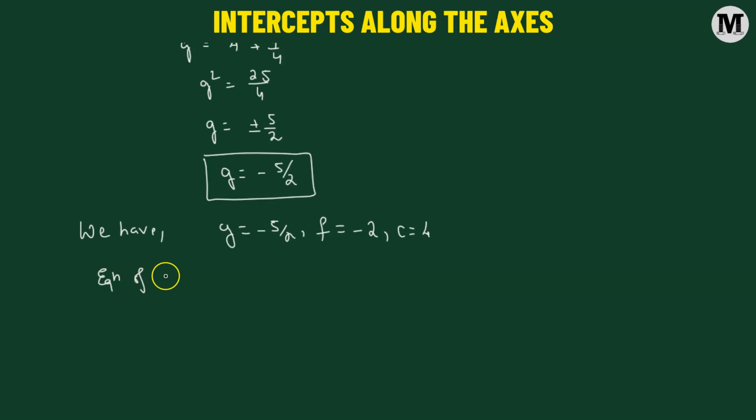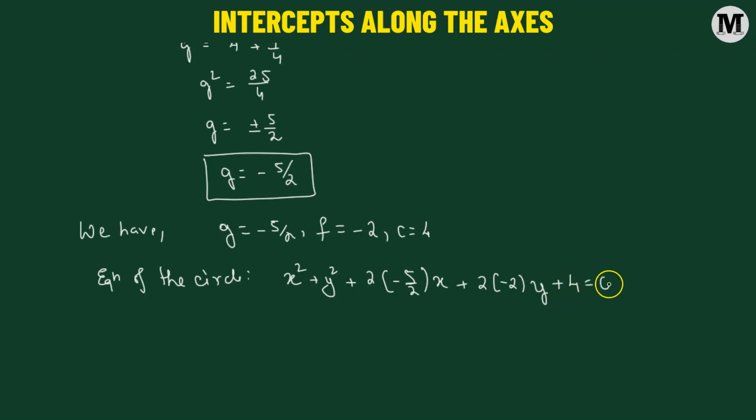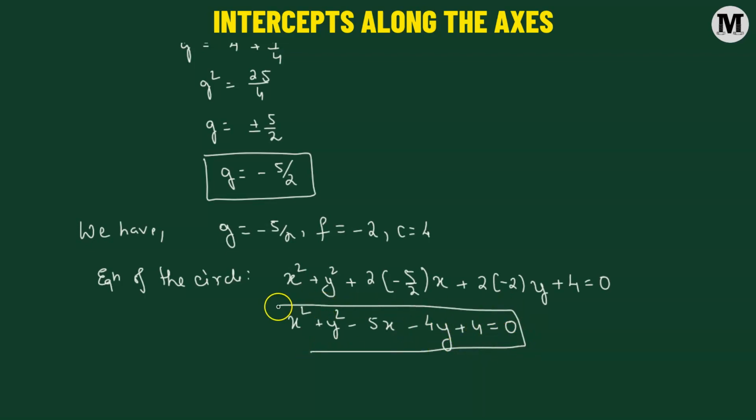The equation of the circle with the given conditions is x squared plus y squared plus 2 times negative 5 over 2 times x, plus 2 times negative 2 times y, plus c, where c is 4, equals 0. So we get x squared plus y squared minus 5x minus 4y plus 4 equals 0. This is the required equation of the circle.